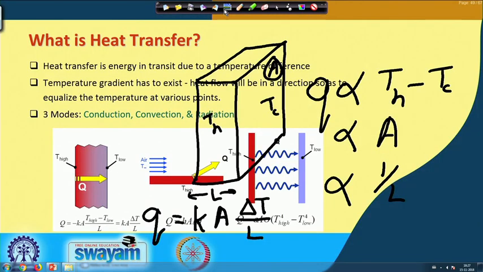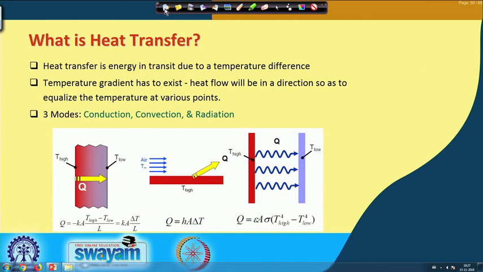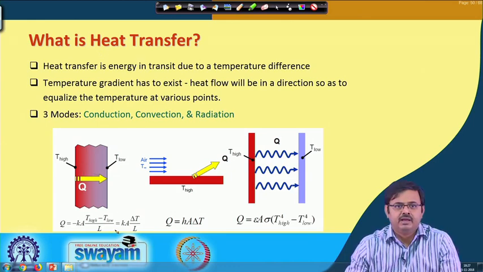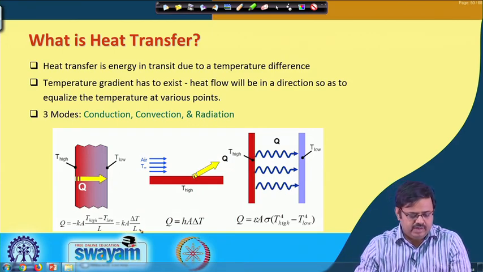If we go back to the slide, that is what you see here, K A delta T over L.